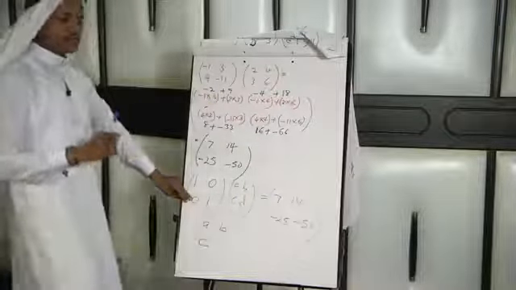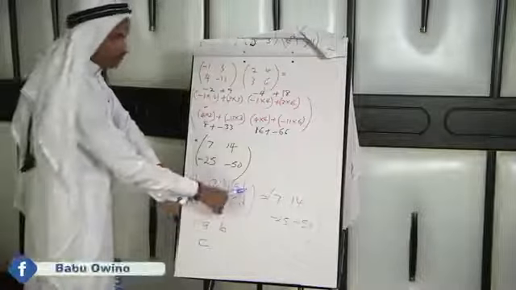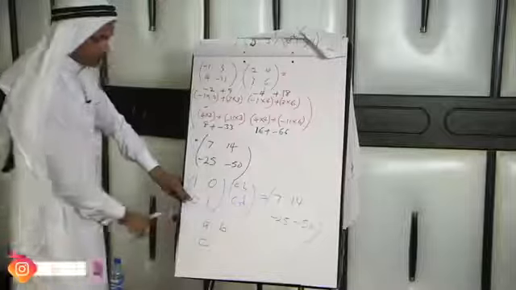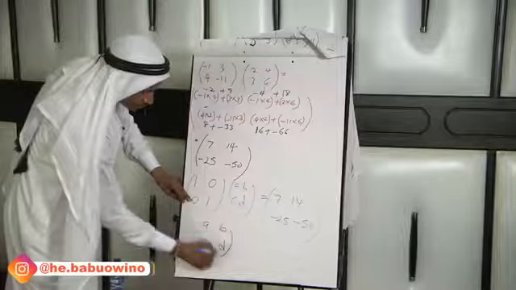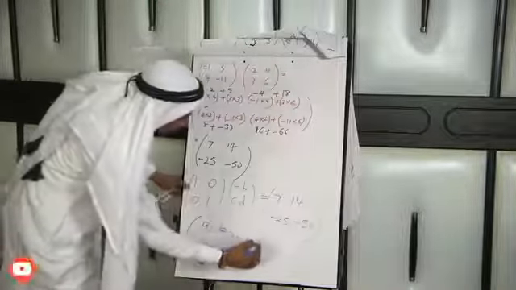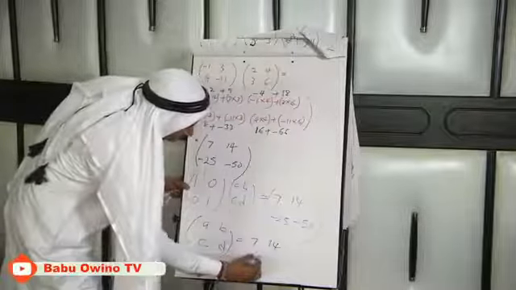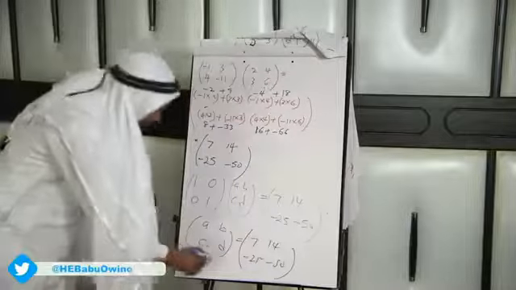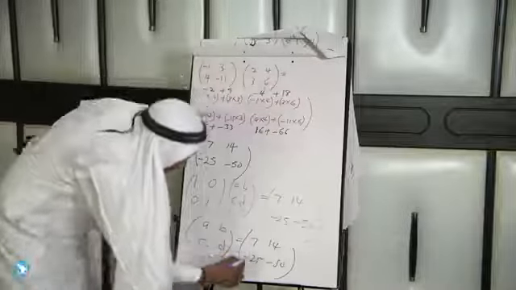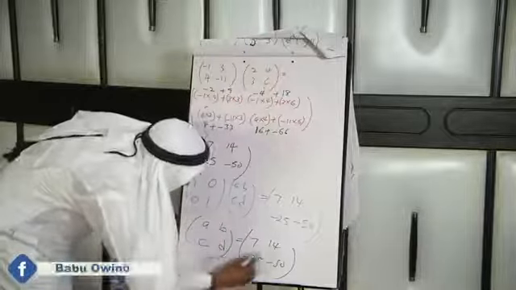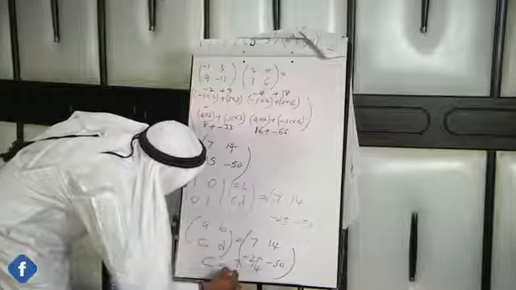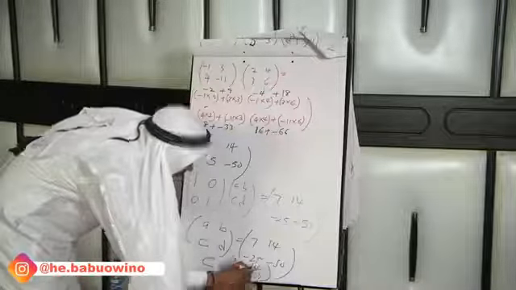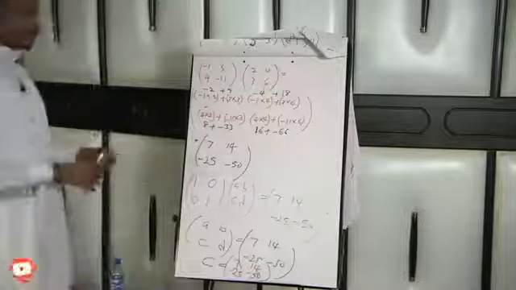Any letter multiplied by 0 is 0. 0 by B is 0, plus 1 by D is D, equals 7, 14, minus 25, minus 50. Therefore, we said A, B, C, D represented our C. So C is equal to 7, 14, minus 25, minus 50. And you have all the answers.